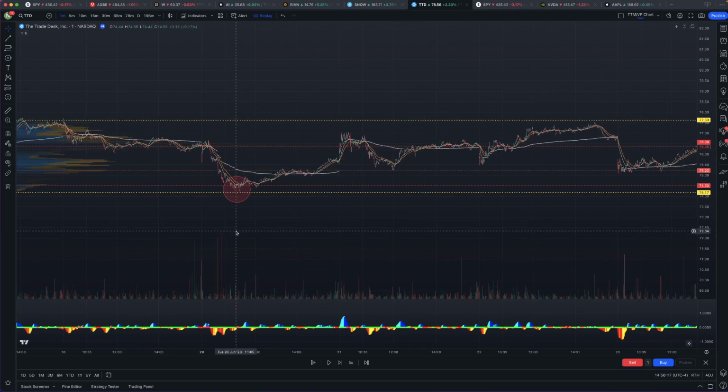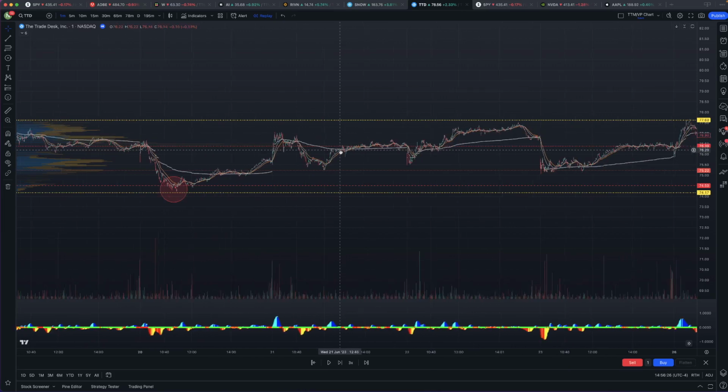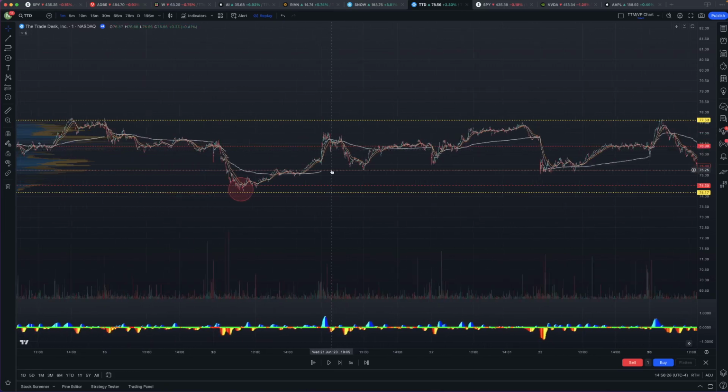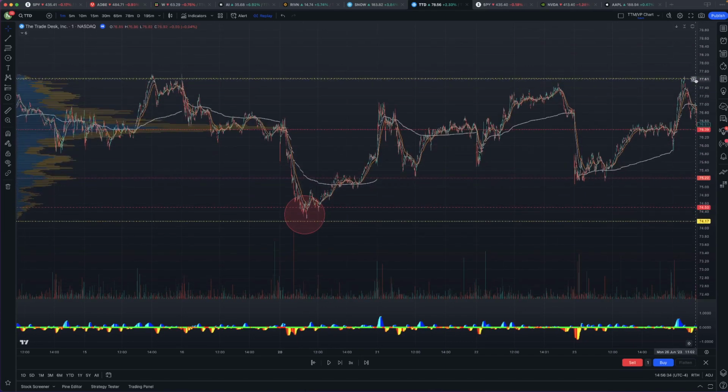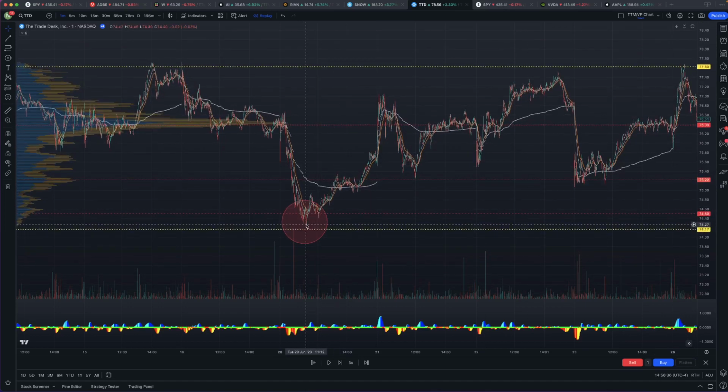So this is where I got my entry and rode it up kind of into this spike here and took a majority of it off. But I want to see that it's going to start to reverse off of these support levels right here to take that entry. Does that make sense? So I kind of move it around.